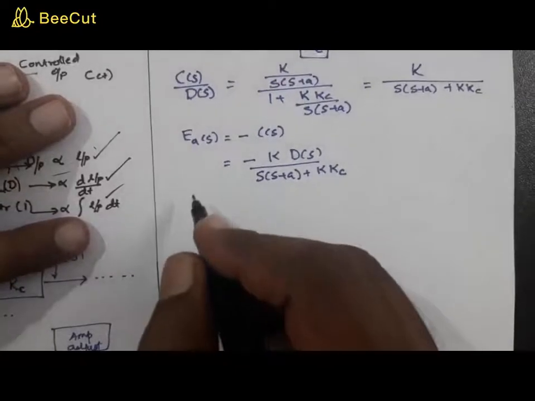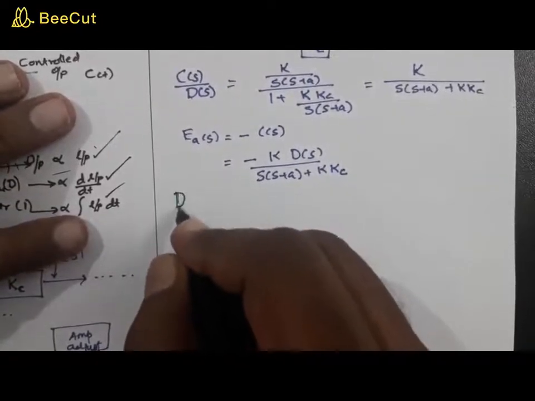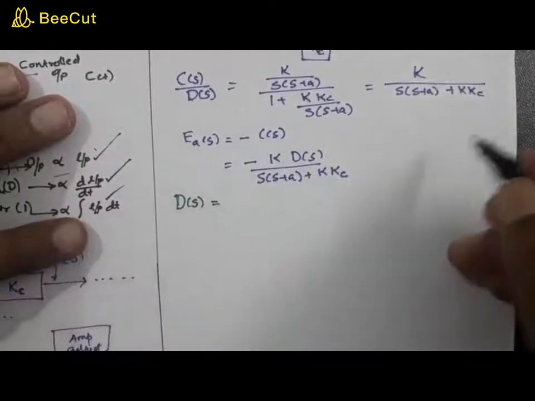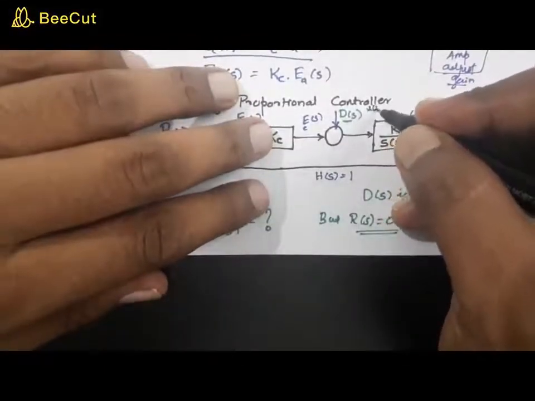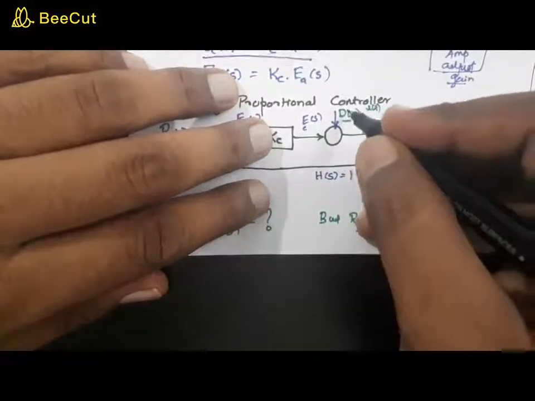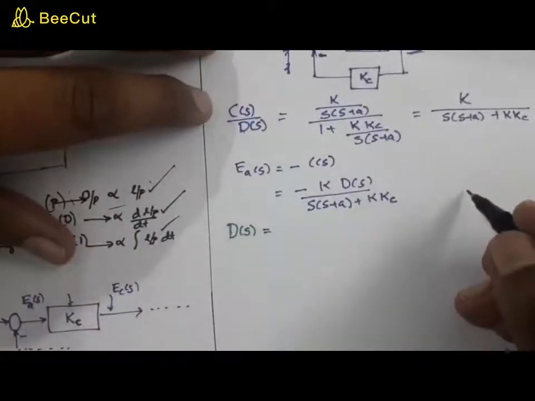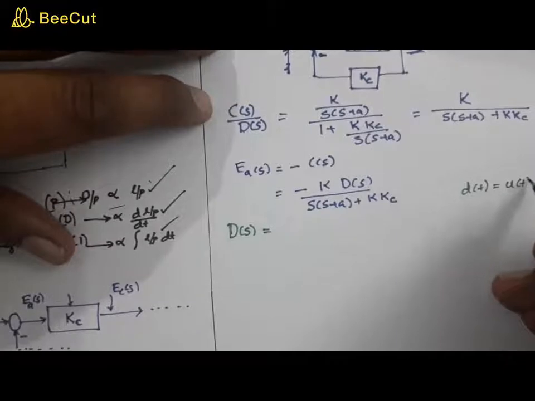Now let us assume this D(s) to be a unit step input, meaning the input that came over here is u(t). D(s) means it is the Laplace transform of u(t). Let d(t) be u(t).